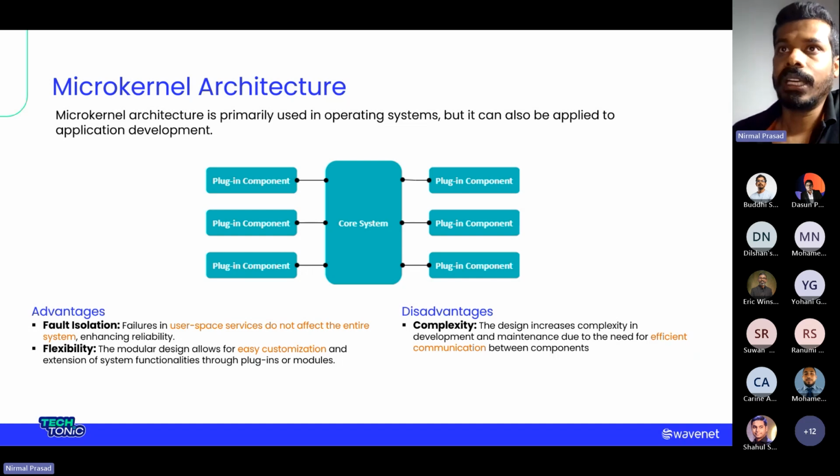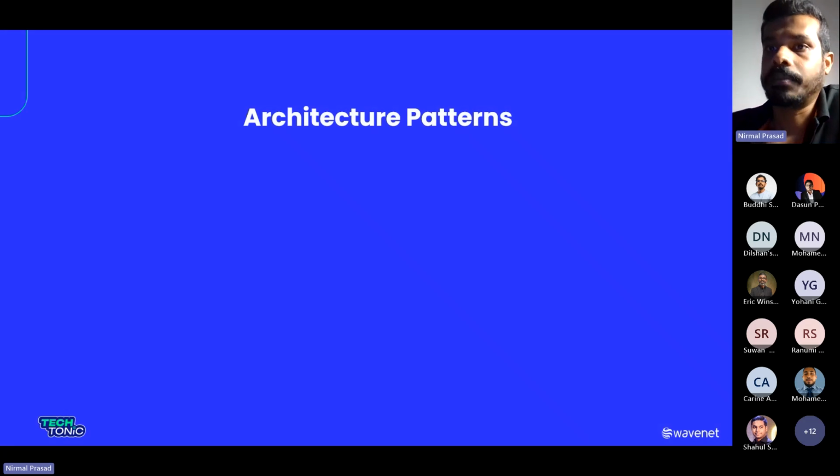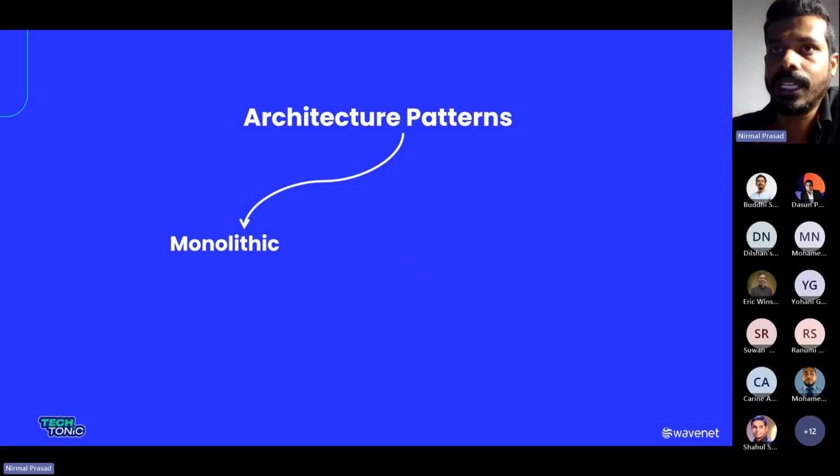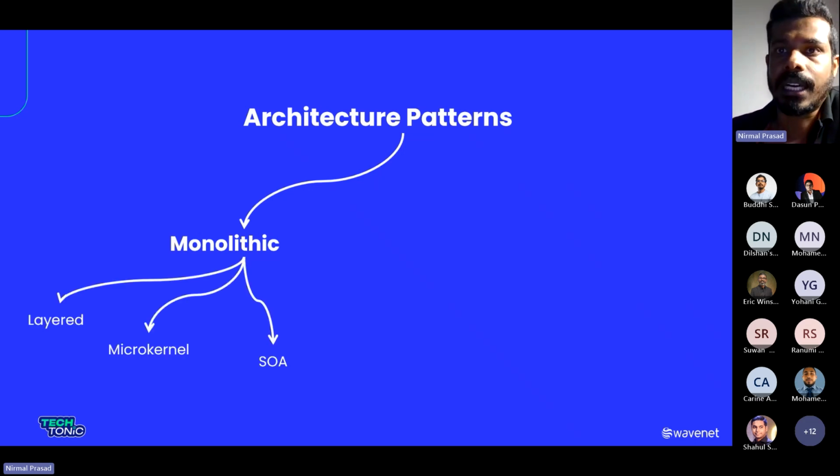Okay, now we know a few architecture patterns. Then I will move to some architecture pattern classifications. We discussed monolithic, and under monolithic, layered architecture, microkernel architecture, and service-oriented architecture are there. Monolithic characteristics are there in these architecture patterns.